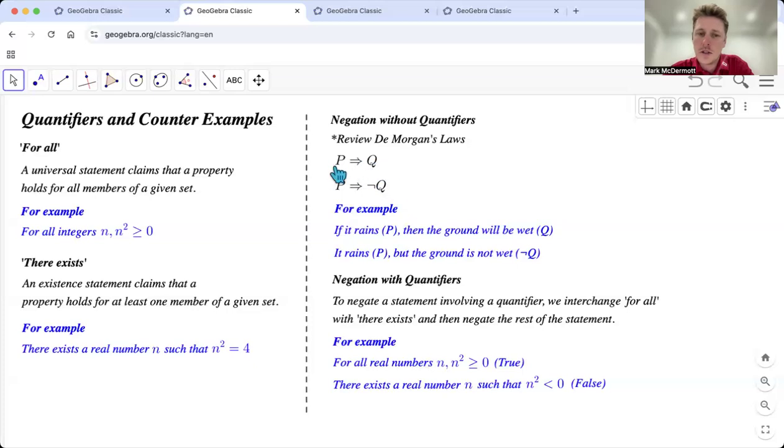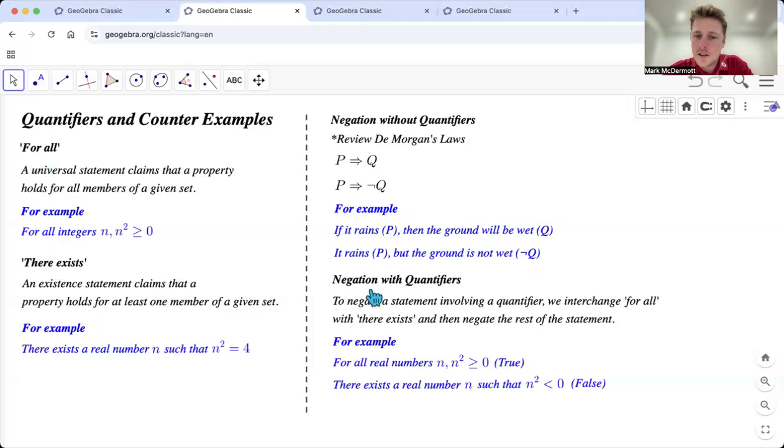Remember, this notation here means P implies Q. The negation of that statement would be P and not Q. With an example, if it rains, which we call P, then the ground will be wet, Q. Negating that, we get it rains, but the ground is not wet. So that is a negation where we don't have any quantifiers. It's not a for all statement or a there exists statement.